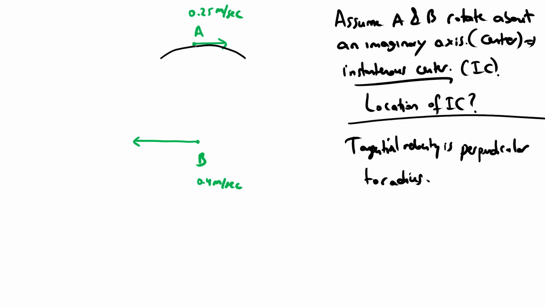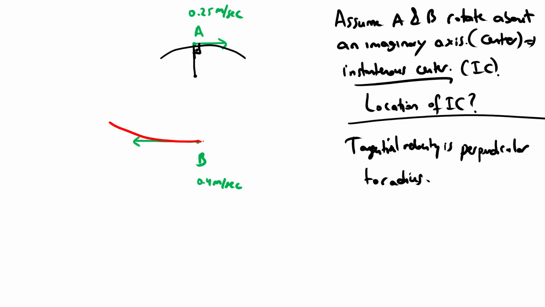Therefore I imagine that there is a center for this circle, somewhere around here, and this angle is 90 degrees. Similarly, point B also rotates around some circle.